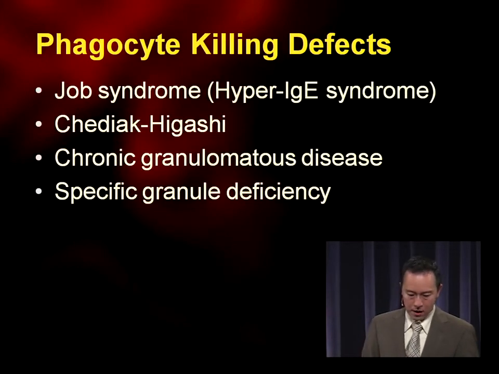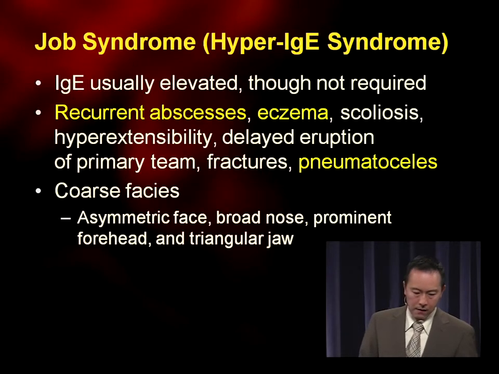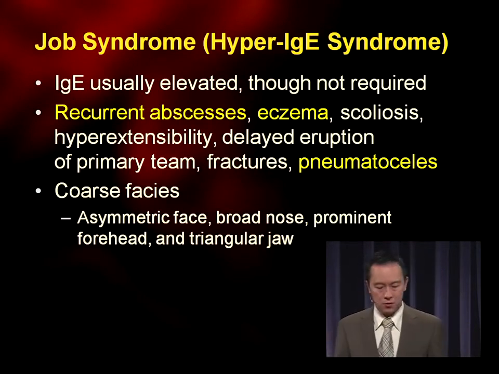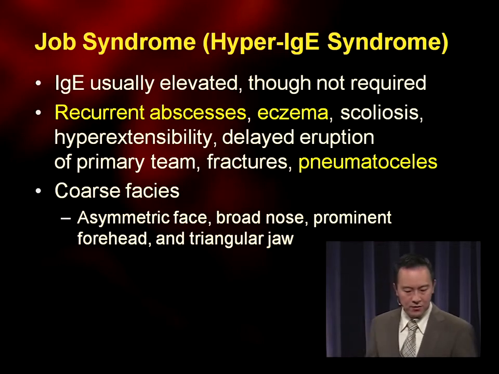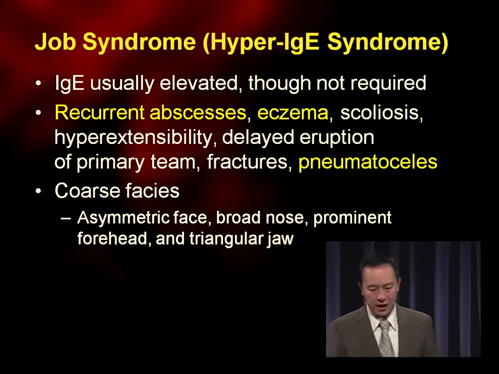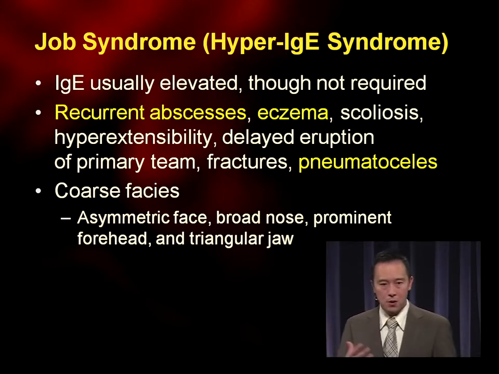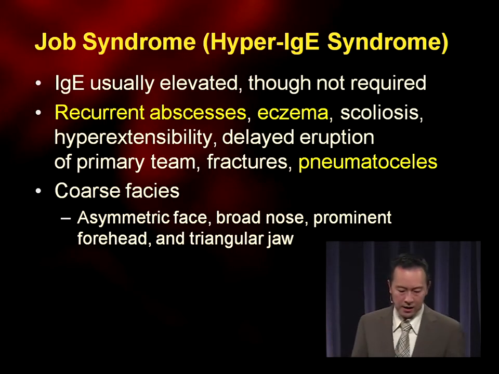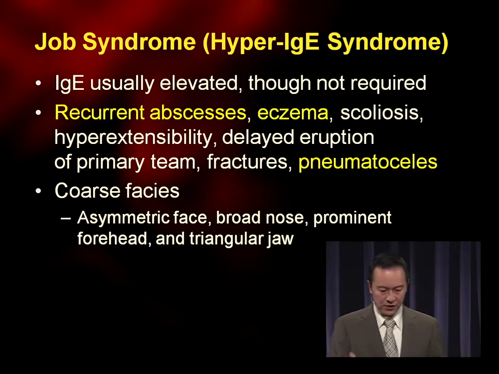Okay, now we'll talk about some of the phagocyte killing defects. Right, Job syndrome, or hyper IgE syndrome, okay, is the name. It's also called Buckley-Job syndrome. And the name comes from the biblical character Job, who was smitten by Satan and was cursed with boils all over his body. So that's where the name comes from.